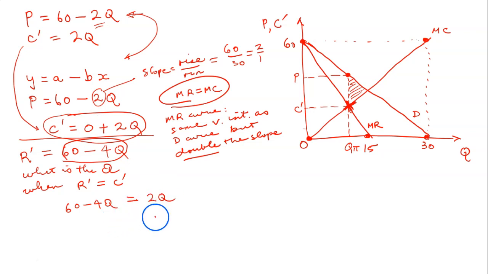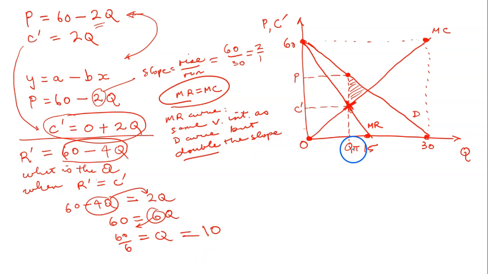What we need is all the Qs on one side. That's going to give us 10. So we've worked out this one here. It's 10.